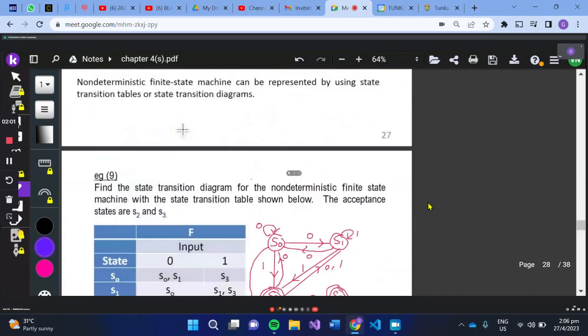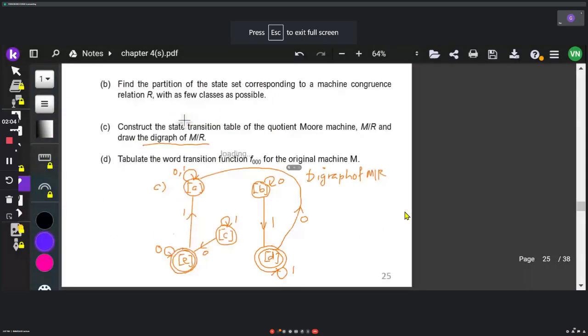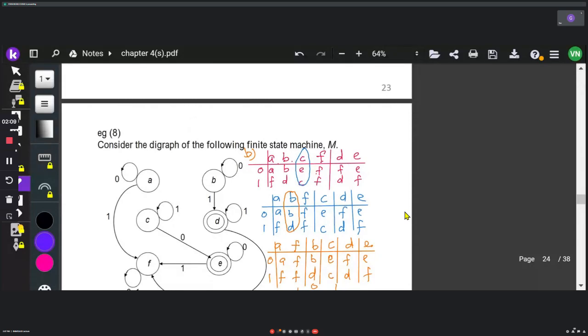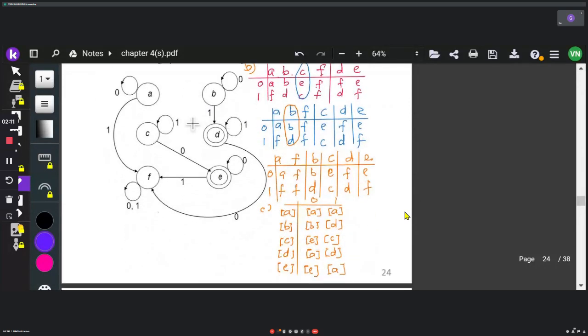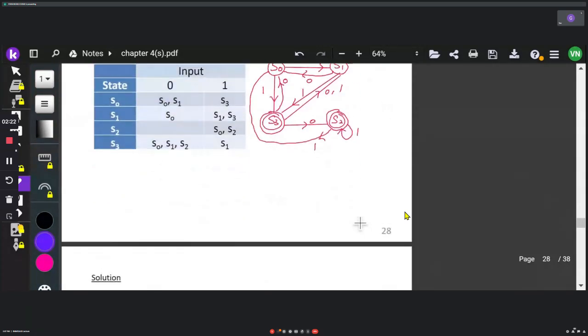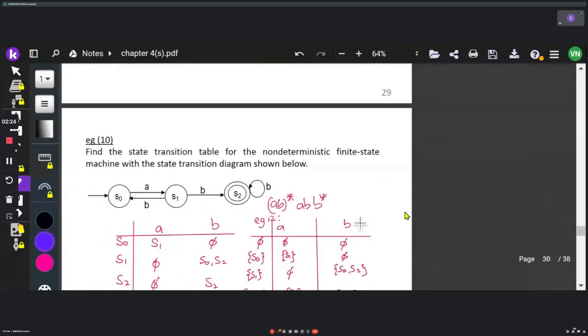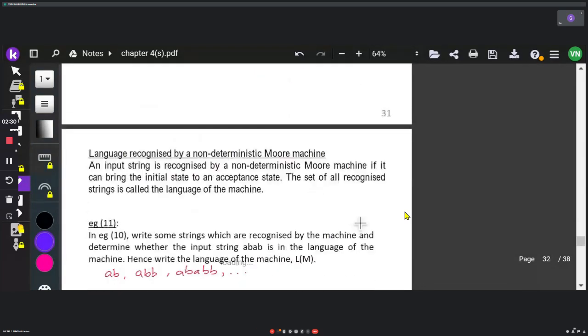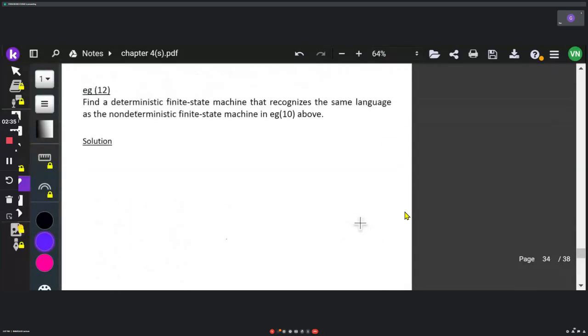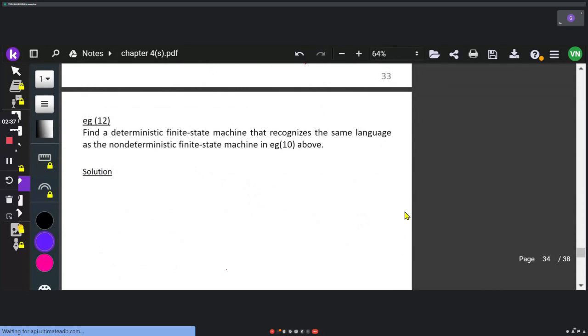And the example for the deterministic finite state machine is this. So you all need to show the steps like this for the deterministic. For non-deterministic, we still have an example which is not yet done. I think we will finish that first before we go to the new chapter. And we stopped at this part, example 12, correct?